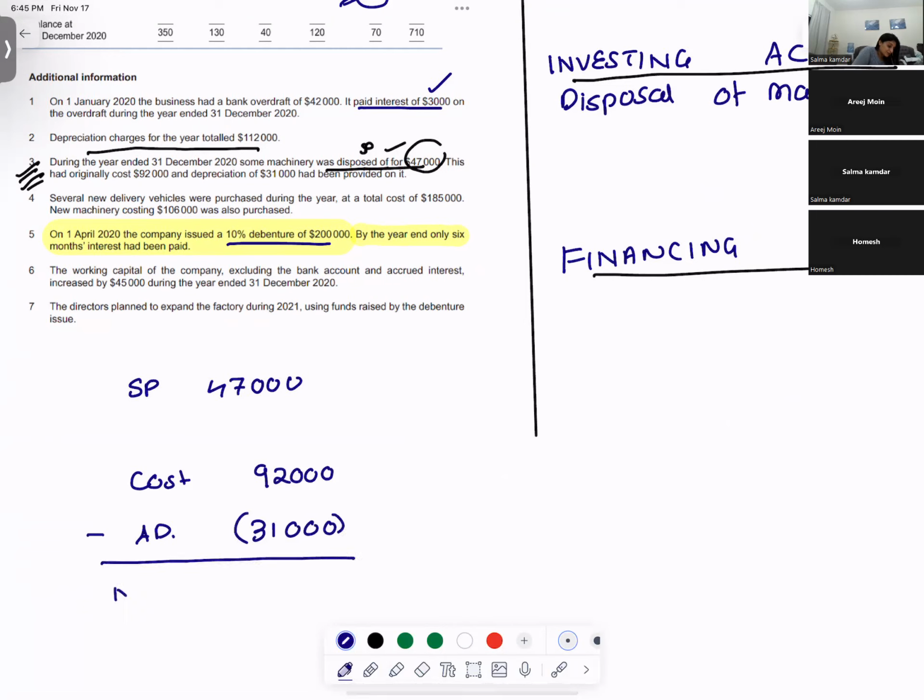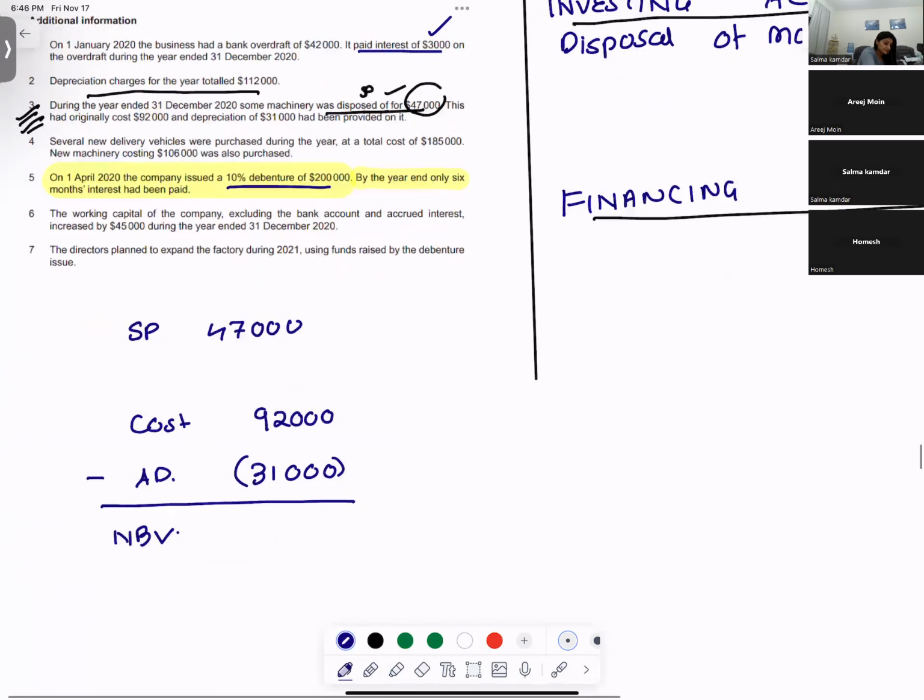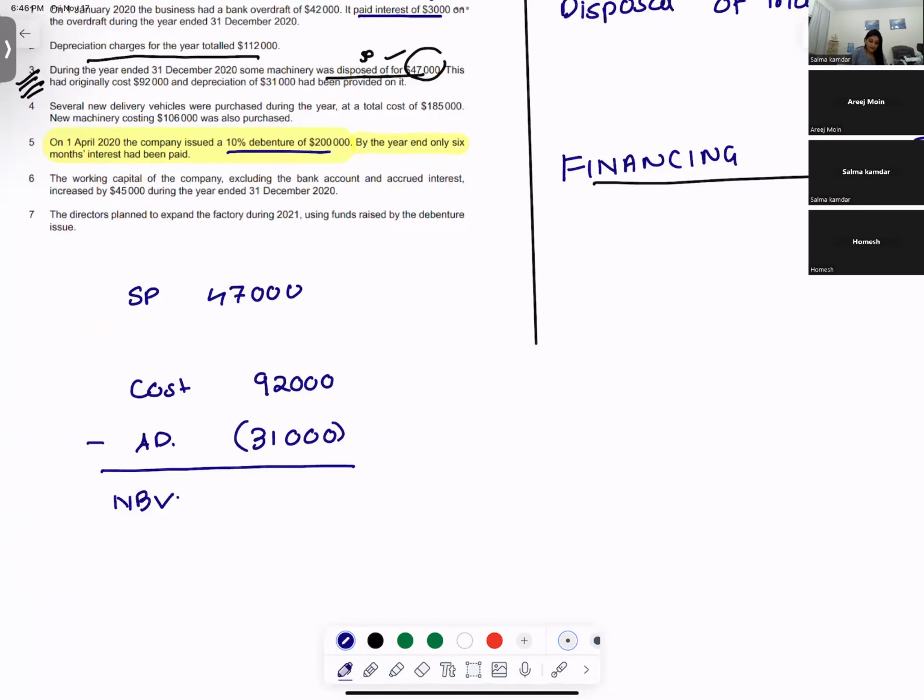So what is the net book value of the machinery? 92,000 minus 31,000. The net book value of the machinery is 61,000. It is sold for how much? 47. So loss is 14. So we have loss, and the loss on disposal is 14,000.